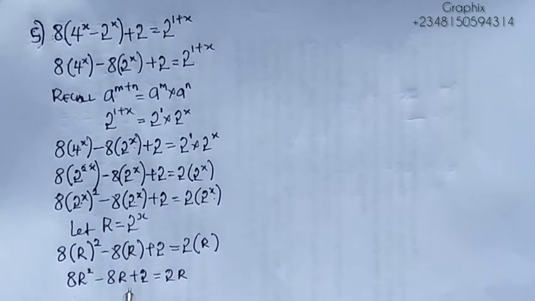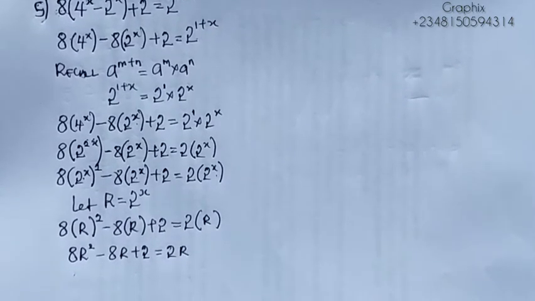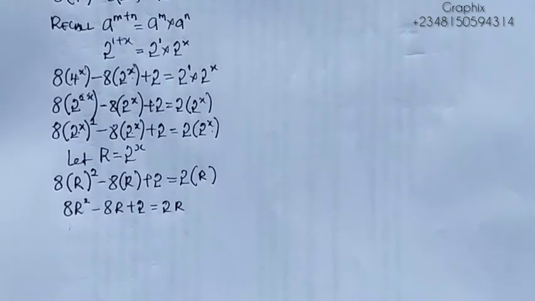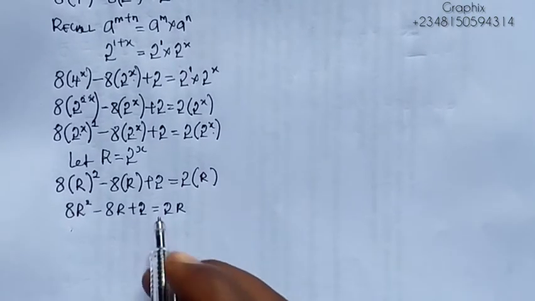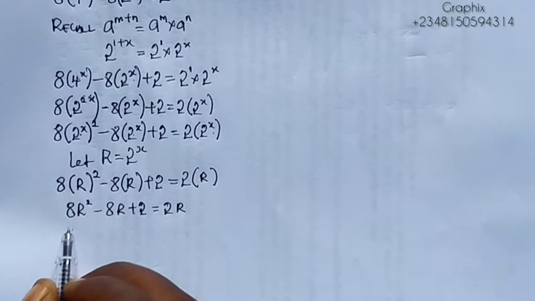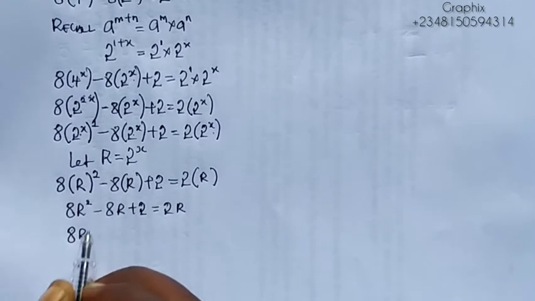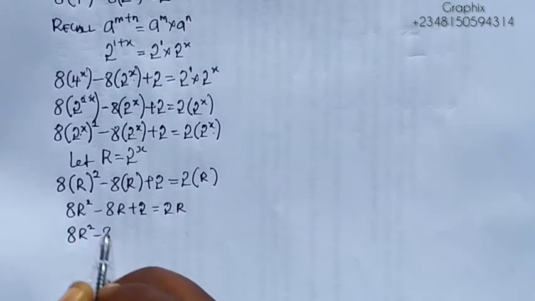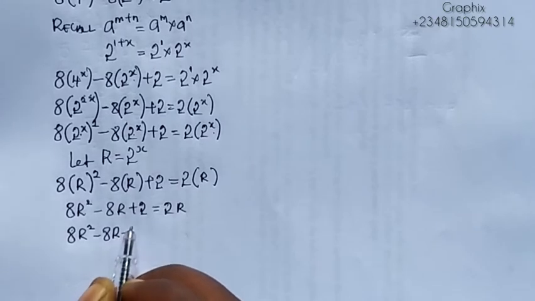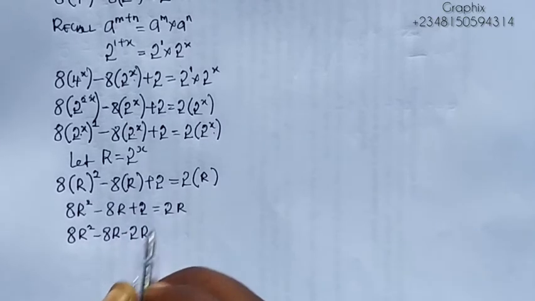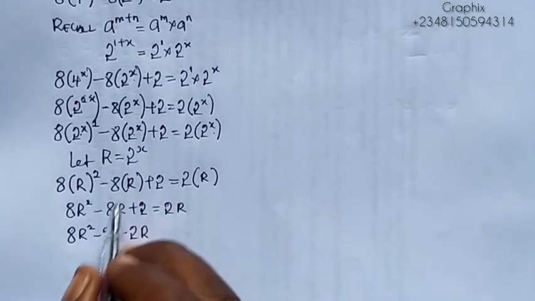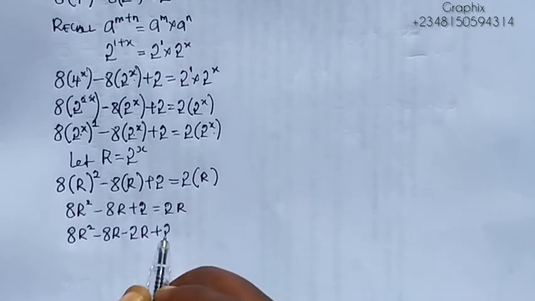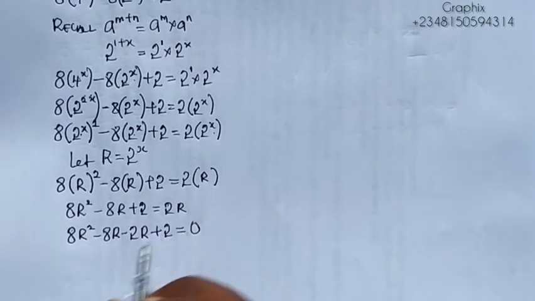2r. So I'll collect like terms. If these two come here, I'm going to be having 8r squared minus 8r minus 2r, since it's coming here it becomes negative, then plus 2 is equals to what? 0.